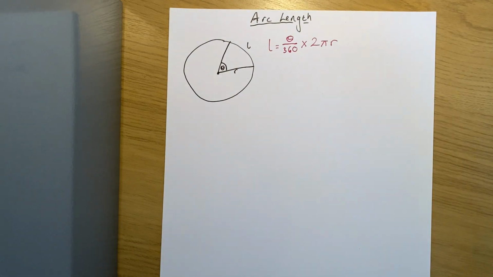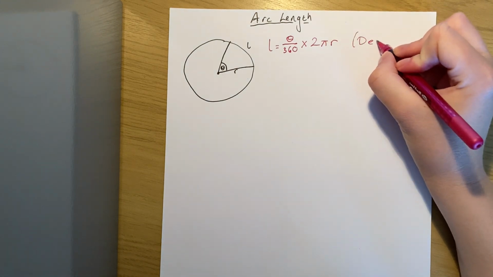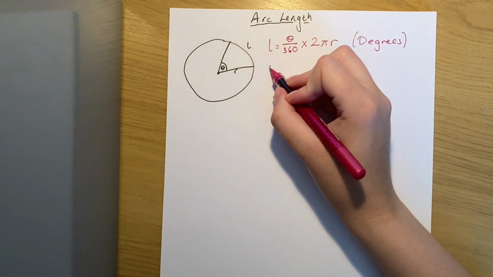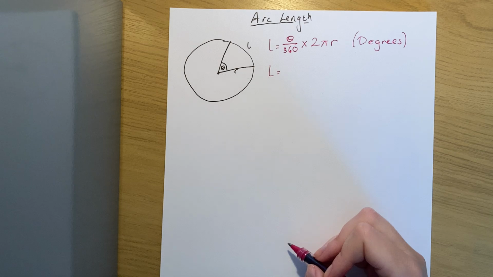So it would be 2 pi R. Might be pi D, but let's just keep it in terms of radians rather than worrying about diameter at the moment. So that would be if we were doing it in degrees.